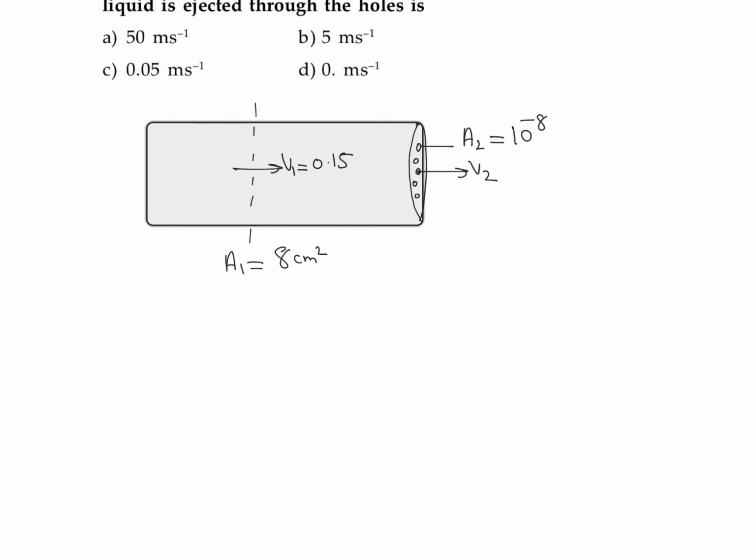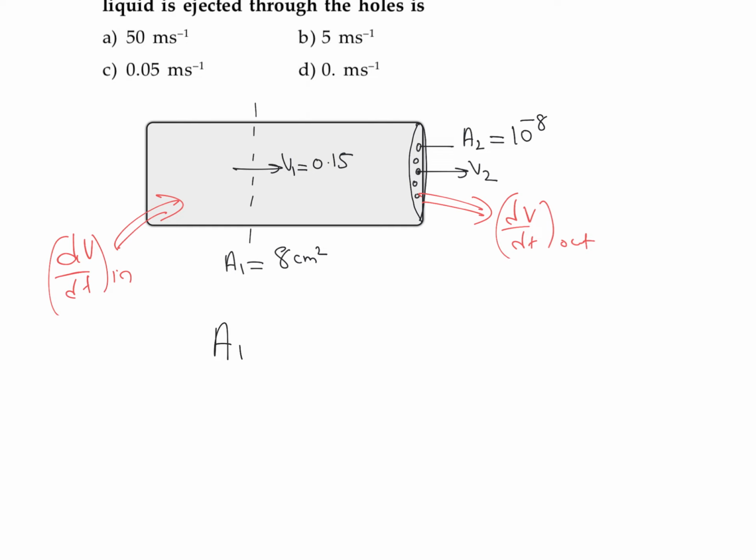So here we can use the continuity equation. According to the continuity equation, the volume flow rate in should be equal to the volume flow rate out, or you can write dV by dt in should be equal to dV by dt coming out. We know that dV by dt is nothing but area into velocity.